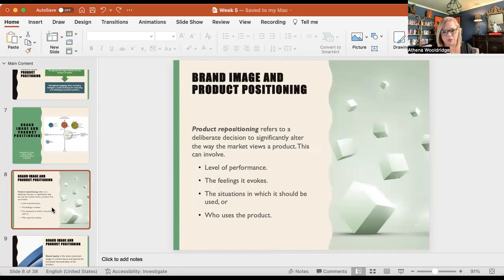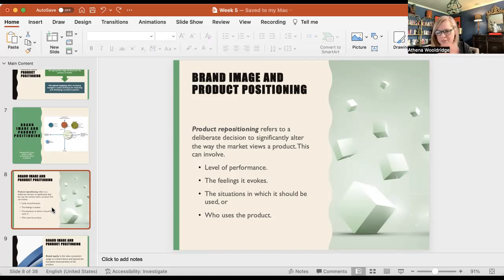But what about product repositioning? Sometimes something just isn't working, right? Sometimes you have the distinct advantage because you're new to market, you're novel and unique. And then, as you get laggards and the product starts to drop off a little bit, you have to reposition yourself. You're not as interesting to people. So sometimes the level of performance will promote a product repositioning.